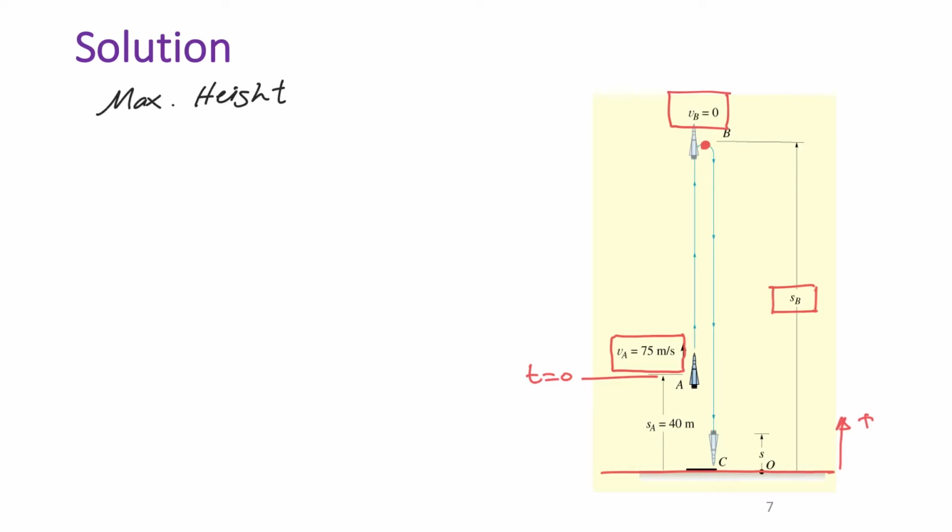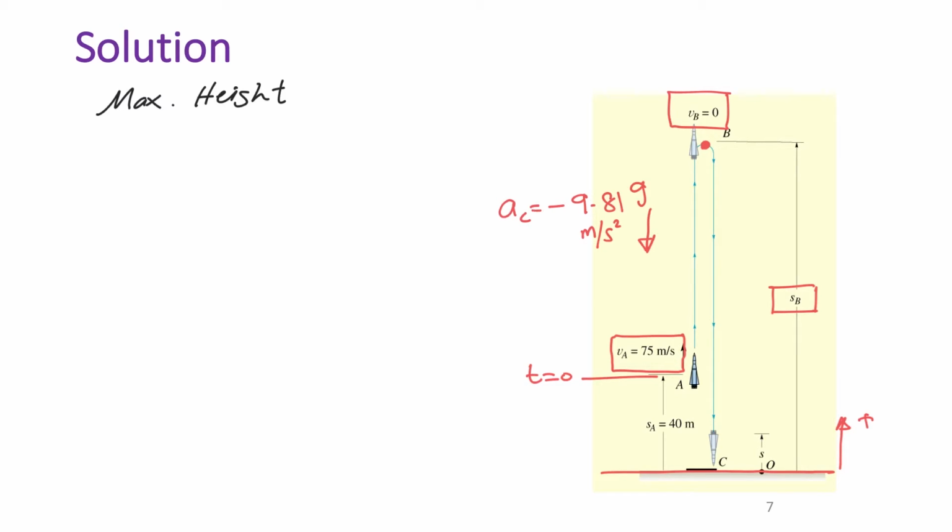Now, what is important here is that when the rocket is moving upward during this journey from A to B, the direction of the velocity is upward, while the acceleration g is downward. Since the velocity is opposite to the acceleration, this acceleration is going to be negative, minus 9.81 meter per second square.